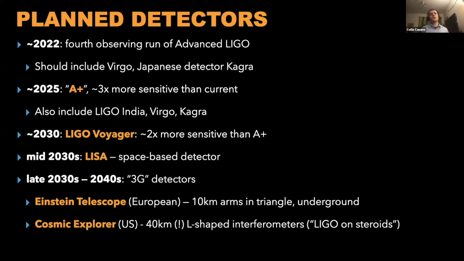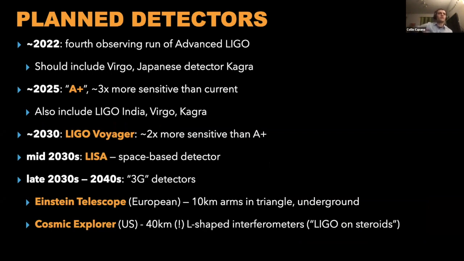Within the next few years, as I was saying earlier, we're going to have more detectors coming online, but also more sensitive detectors. In the near term, in 2022, the next observing run of Advanced LIGO will happen, and the detectors should be even more sensitive than they are now. The Japanese detector, KAGRA, will also be joining.